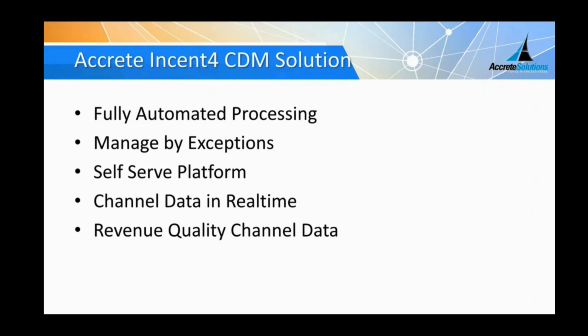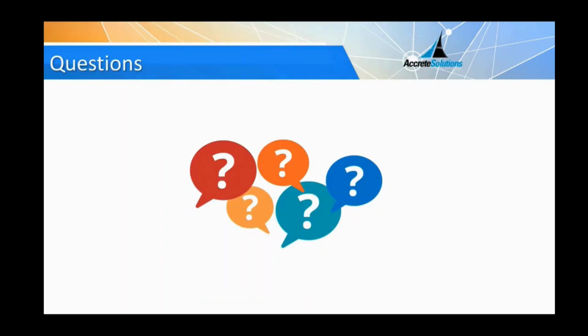As data comes in, it gets processed and it's available in whatever systems, whether it's your CRM system or your ERP system. And using all the mechanisms we have put into the system, it's going to produce revenue quality channel data for all your downstream applications. And that's pretty much the end of the presentation. If people have questions, I can answer them at this point.